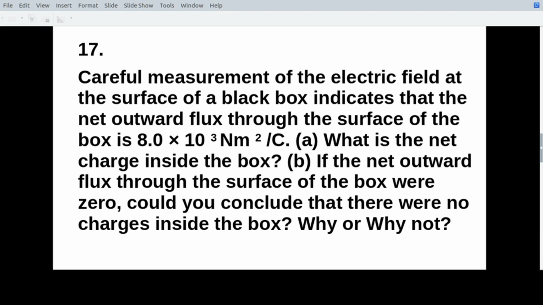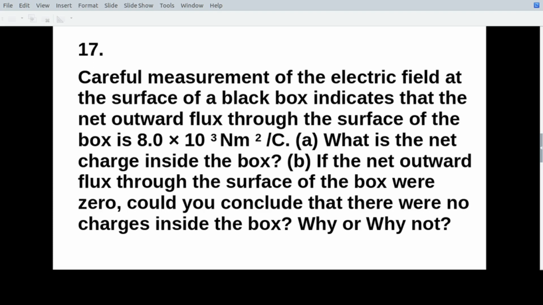Then can you conclude that there are no charges inside the box? Remember our previous question. Okay. The number of field lines entering equal to number of field lines going out gives you net flux equal to 0.